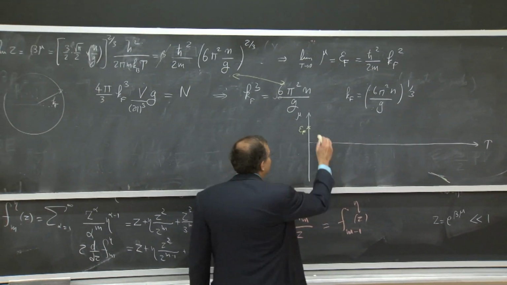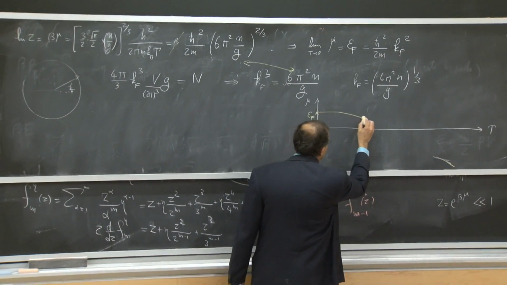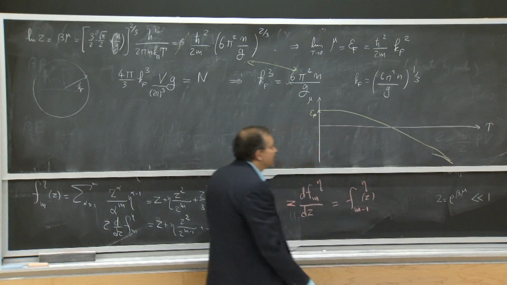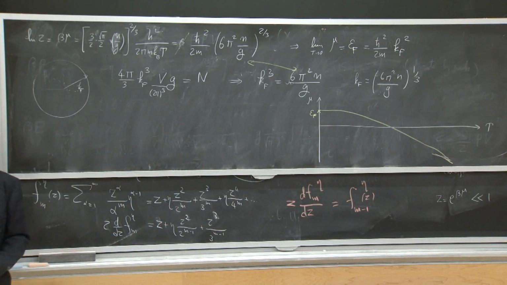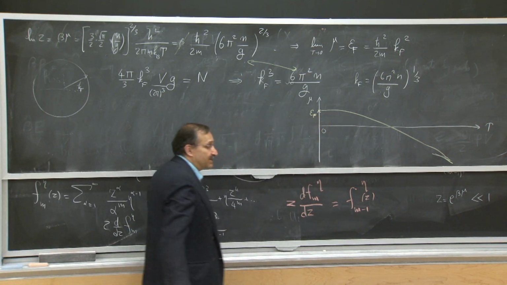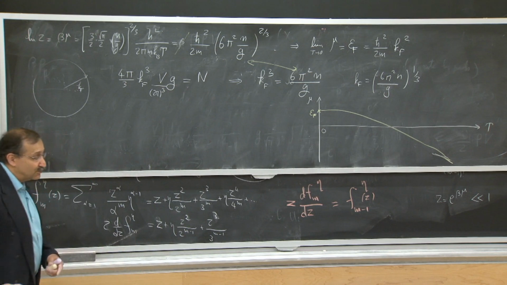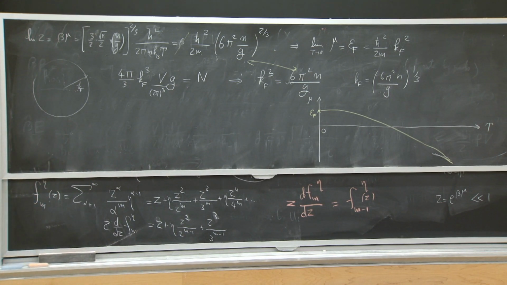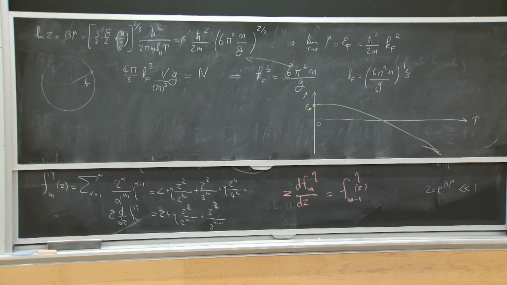So indeed, the behavior of the chemical potential of the Fermi gas as a function of temperature is something like this. And so the chemical potential at 0 temperature is epsilon F. As you go to finite temperature, it will get reduced by a factor that I will just calculate for you.